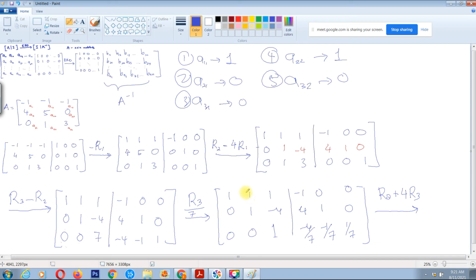Because if you add 4 to R1, this will give a value here, and if it gives a value, we need to change again to make it 0. The rest are already 0, so we just deal with this one only, so that we can get 0 here.